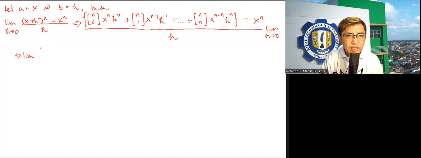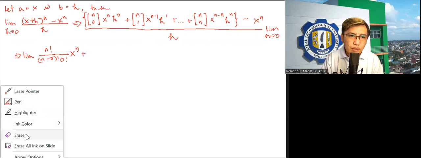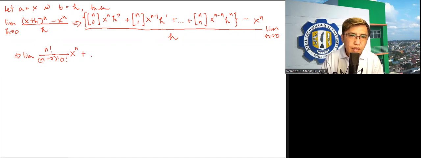Let us expand n choose 0 to be n factorial all over (n minus 0) factorial, then 0 factorial, and then we have x to the n power, plus h to the 0 is already 1.